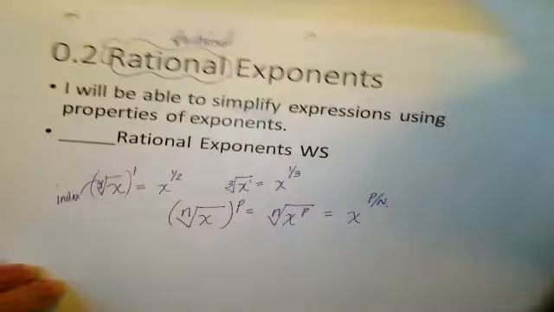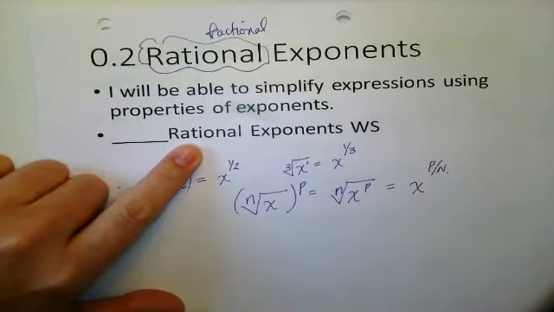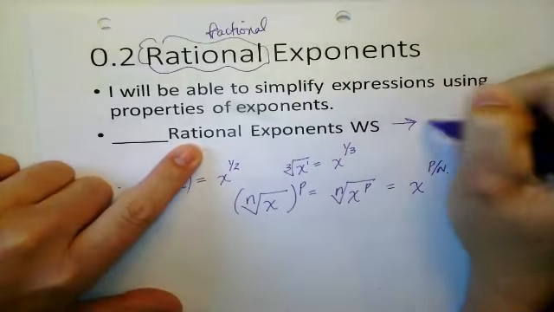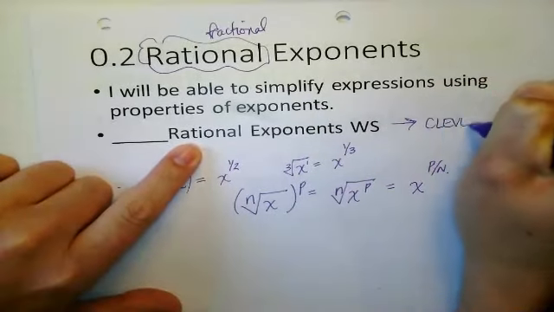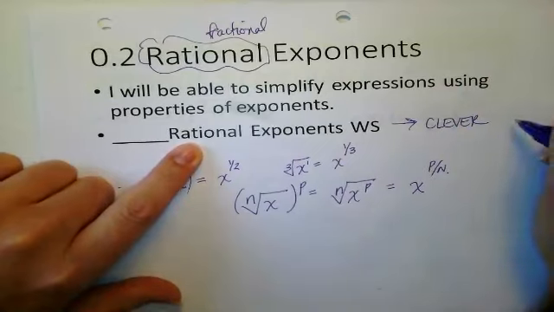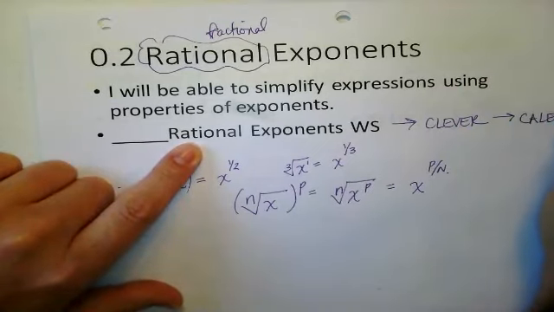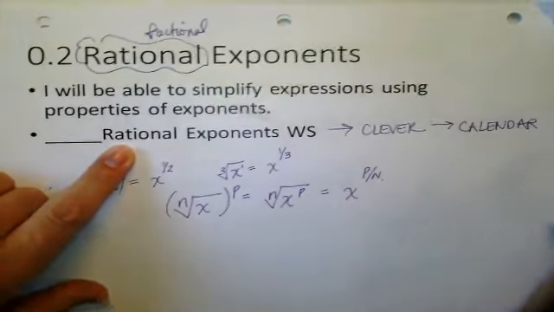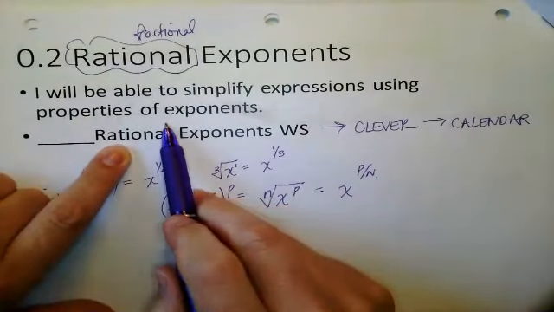All right, ladies and gentlemen, you have the Rational Exponents worksheet. Again, you can find it in Clever on the calendar that you just clicked on. All right, you can print it.